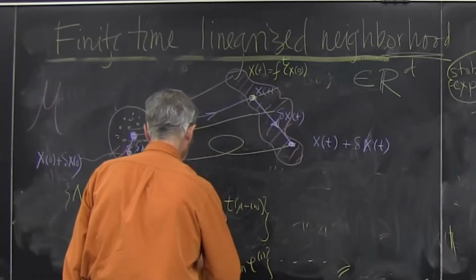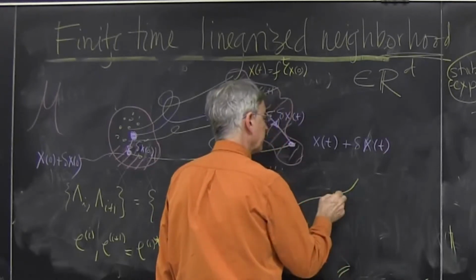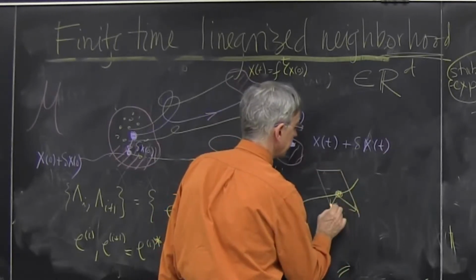So you get a pair of vectors. So what they will define on your trajectory, they'll define a plane. This will be the real and this will be imaginary.